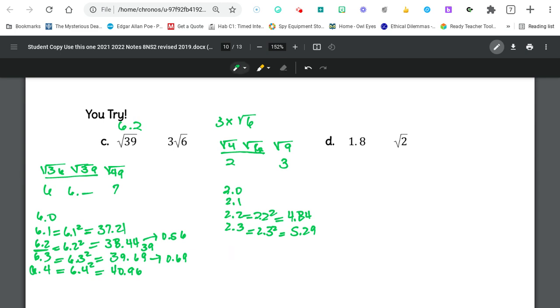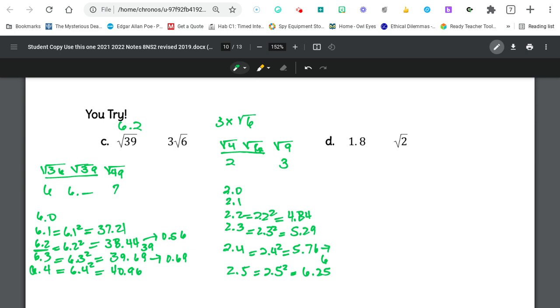Remember, I'm trying to get close to 6. 5.76. 6.25. 6 is in between these two.